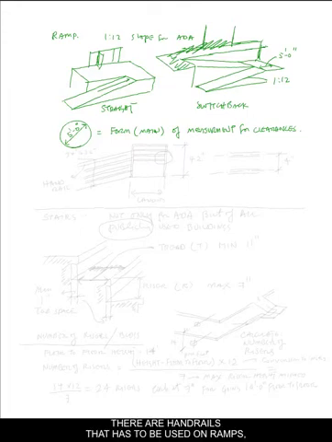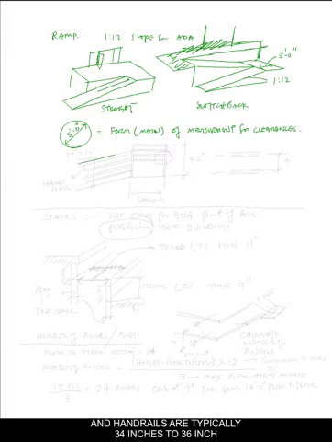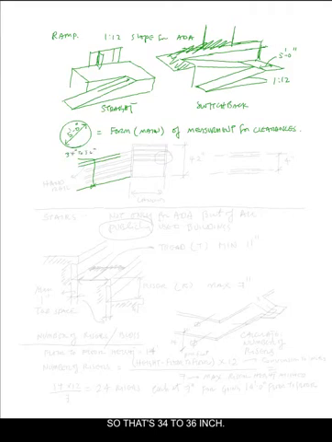There are handrails that have to be used on ramps, and the handrails are typically 34 inches to 36 inches from the surface of the ramp to the top. So that's 34 to 36 inches when there is a slope, and then when it comes to a landing, the height of the guardrail has to be at 42 inches.